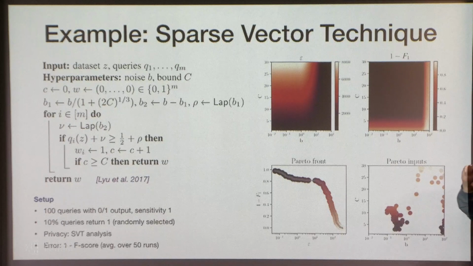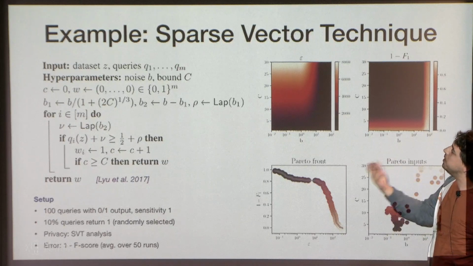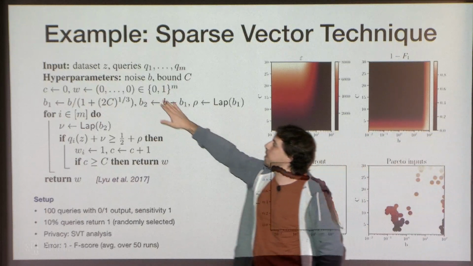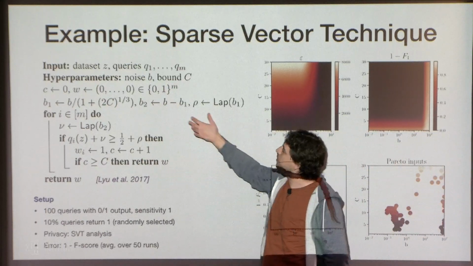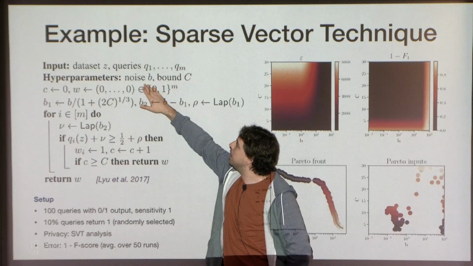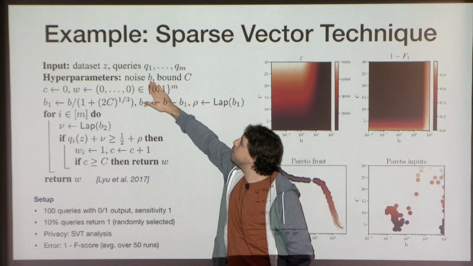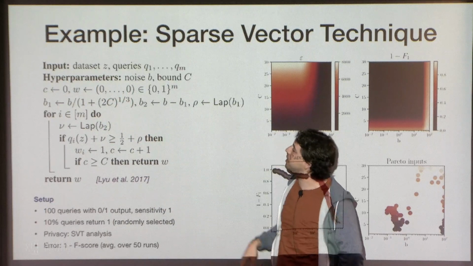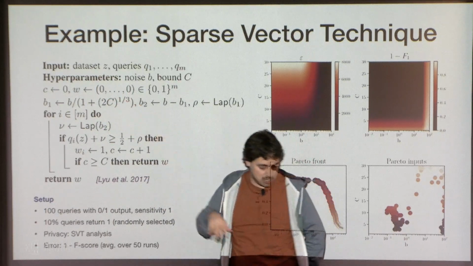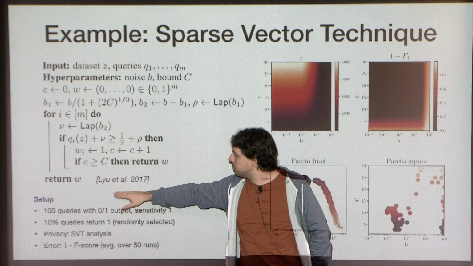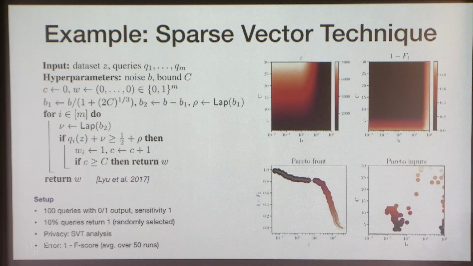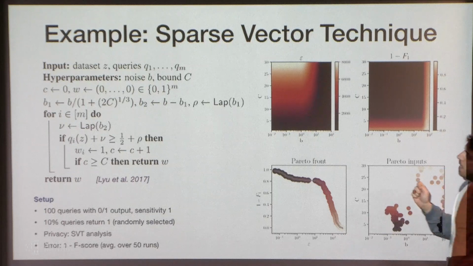Something that's slightly different from the way you usually see the sparse vector technique is that here, instead of the hyperparameter being epsilon, we have as hyperparameters the amount of noise and a bound B on the number of ones that we're willing to put in here. Then we split this noise using some formula from the Understanding SVT paper to minimize the variance.